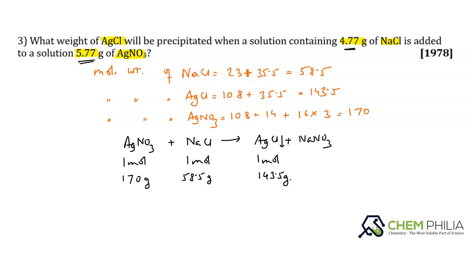It's very easy. First we have to take the ratio of masses of AgNO3 and NaCl according to the reaction, and that is 170 is to 58.5.